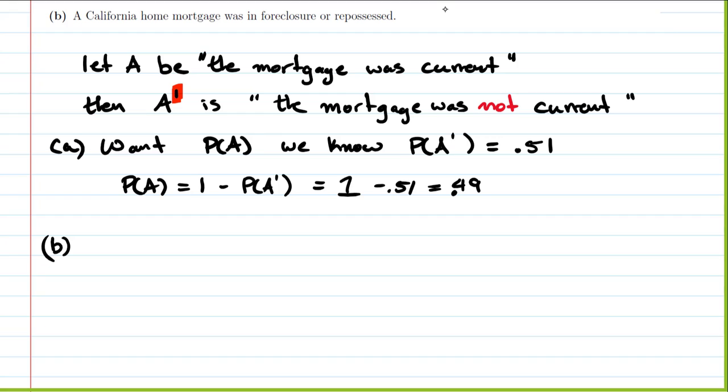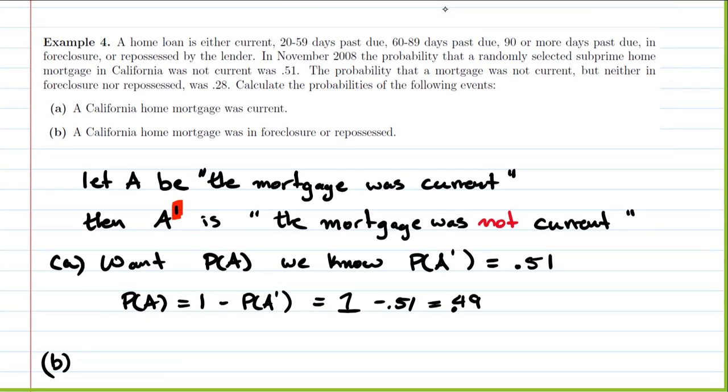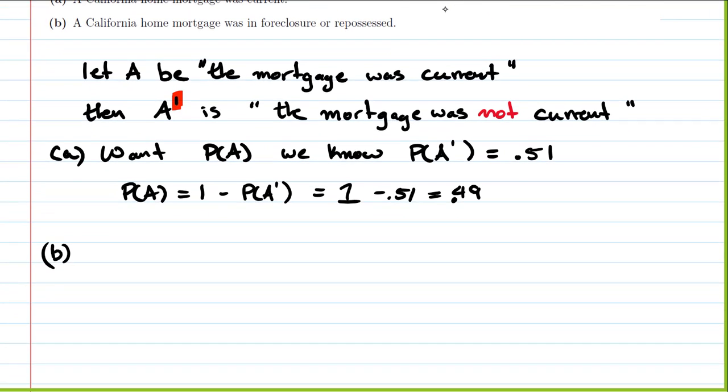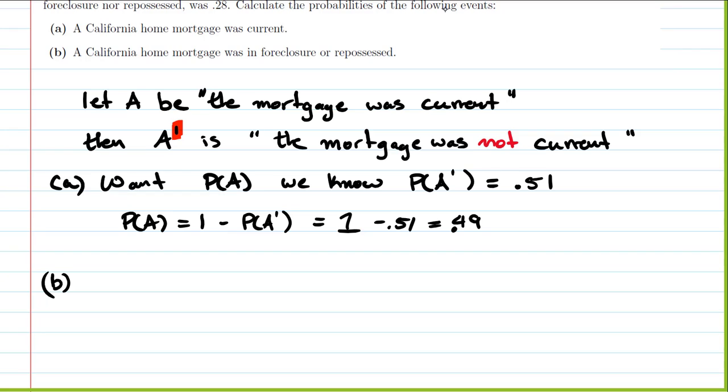So how can we write an event for this? Well, what is it we're trying to find? Was not in foreclosure or repossessed.